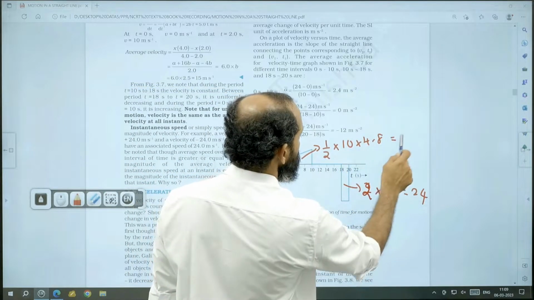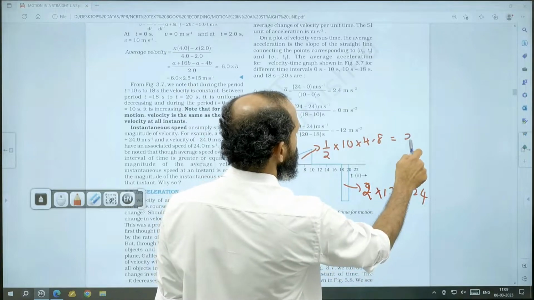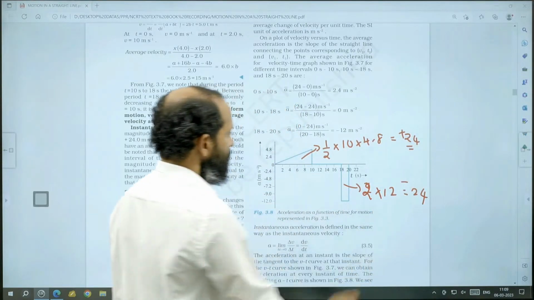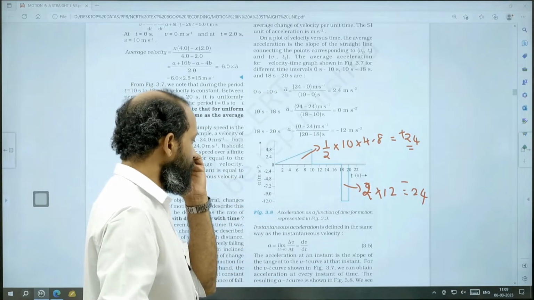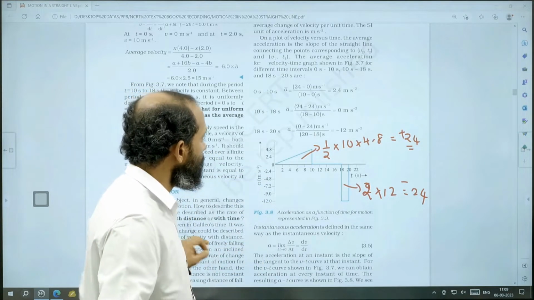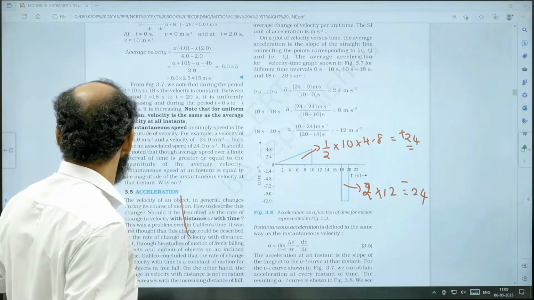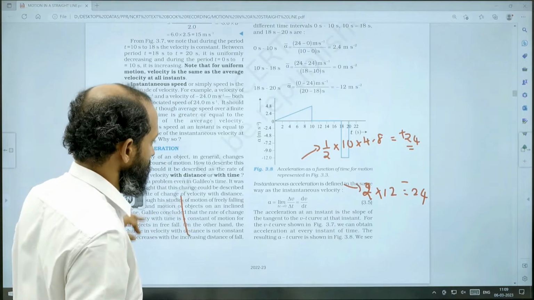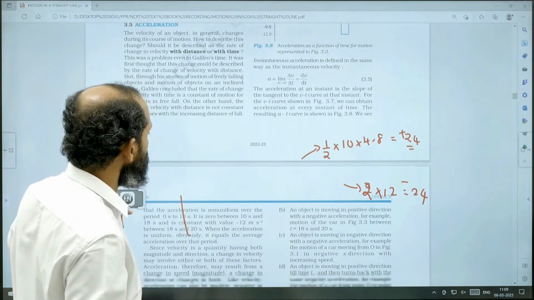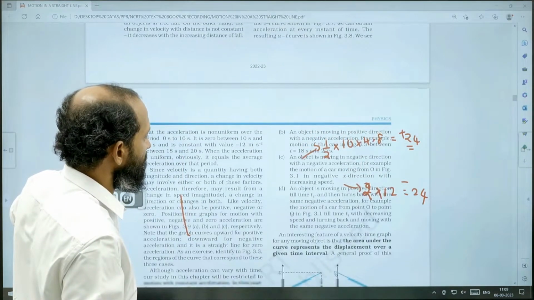Here it is 48 by 2, 24 plus 24. So what is the total change in velocity? Plus 24 minus 24, that becomes 0. Change in velocity becomes 0 in this case, initially and finally. During the course of the journey, velocity is there, it's not 0, but the change in velocity initially and finally becomes 0.